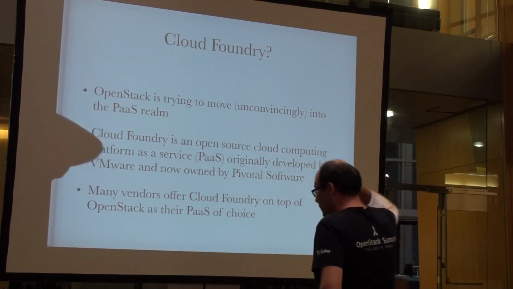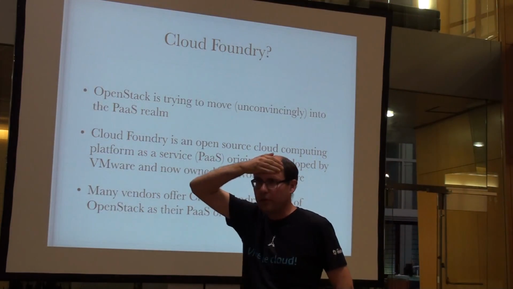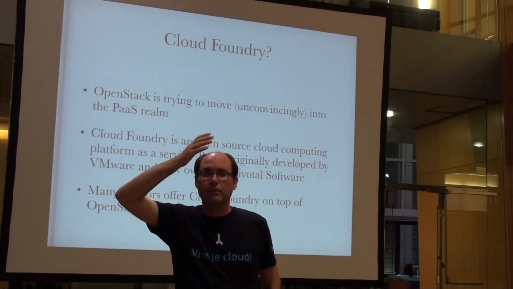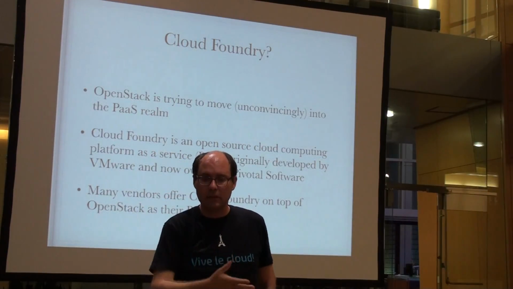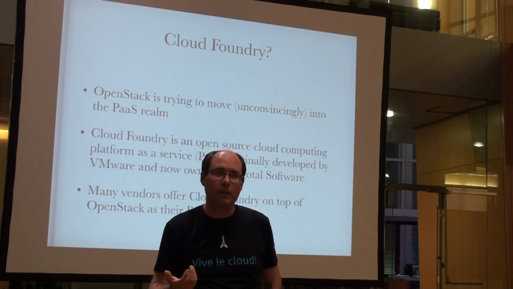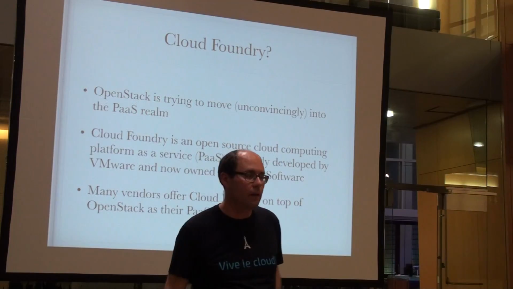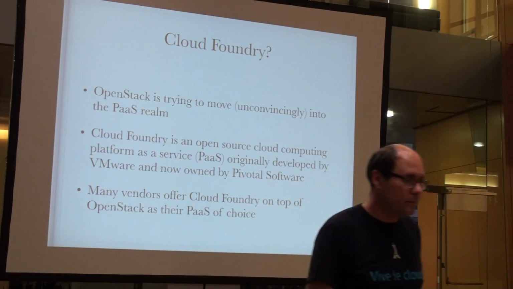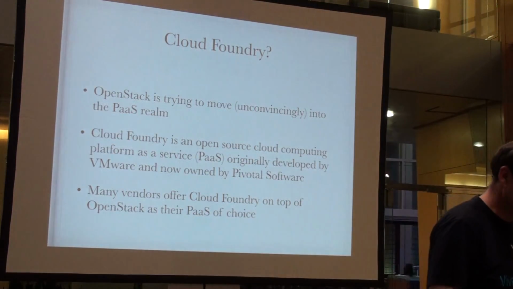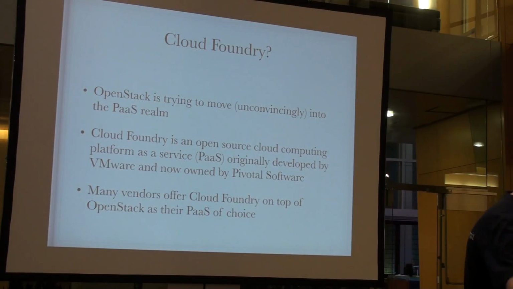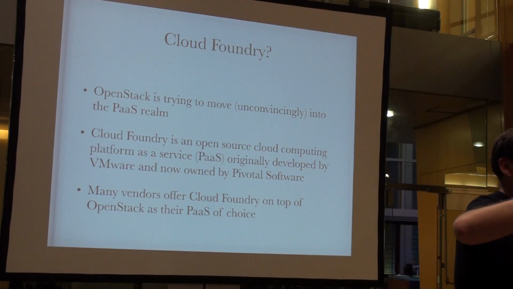As I said, the other thing they're doing with OpenStack is putting that platform as a service on top. OpenStack itself is not very strong in platform as a service, so they're putting Cloud Foundry on top. And Cloud Foundry itself, this is what it is. And this is where the other stuff comes in.